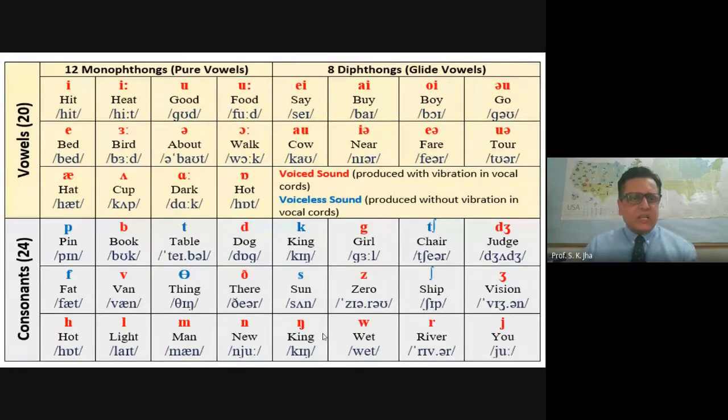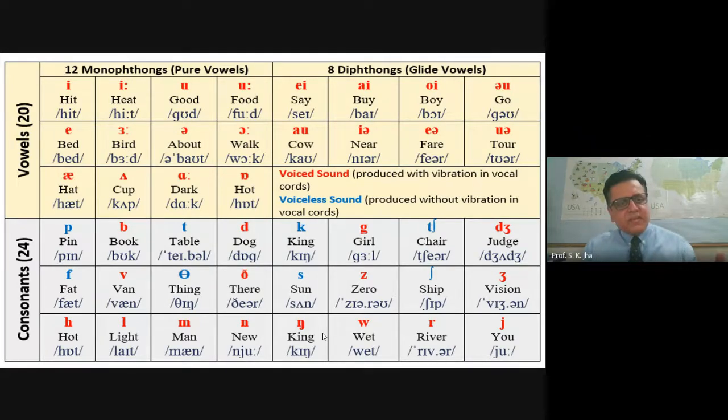So in bird, we have the long sound, bird. Then we have the sound as in about, that upside down E. Then we have O, as in walk. Then we have a sound as in hat.